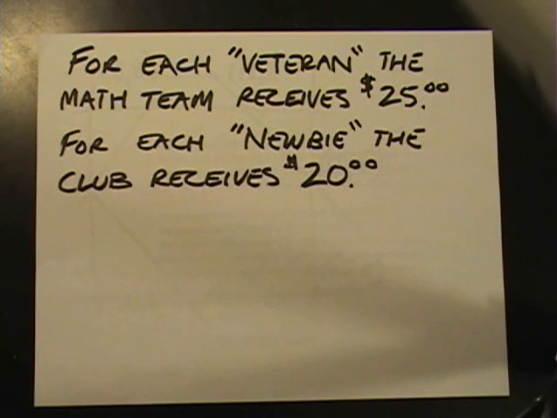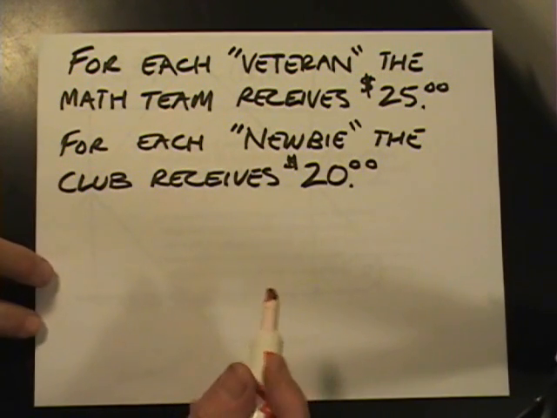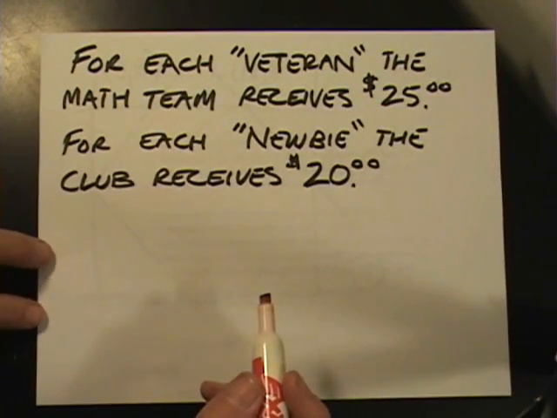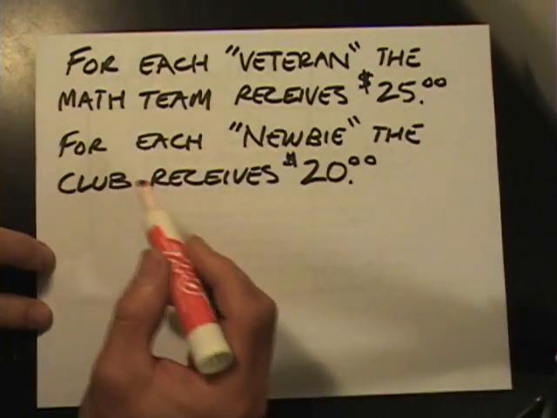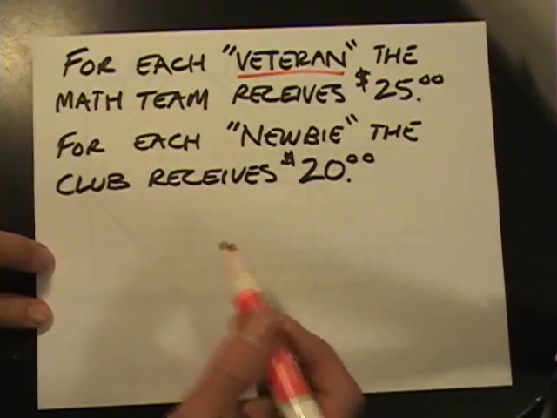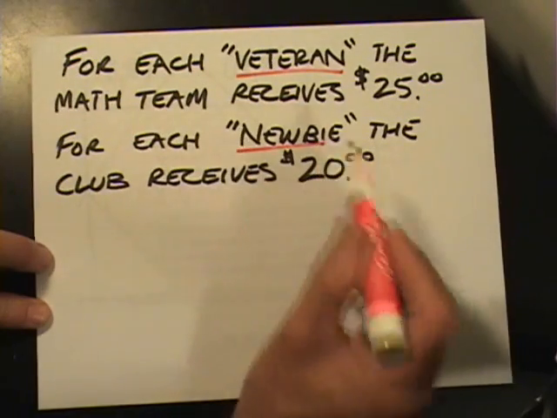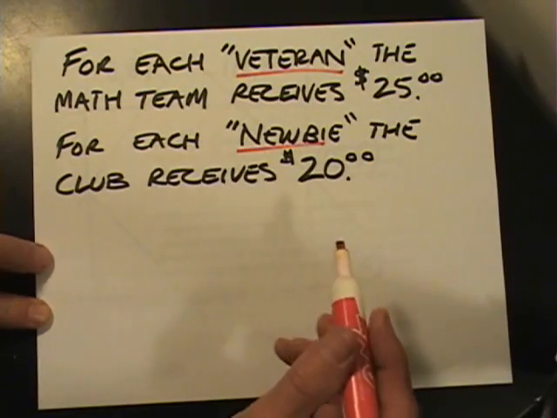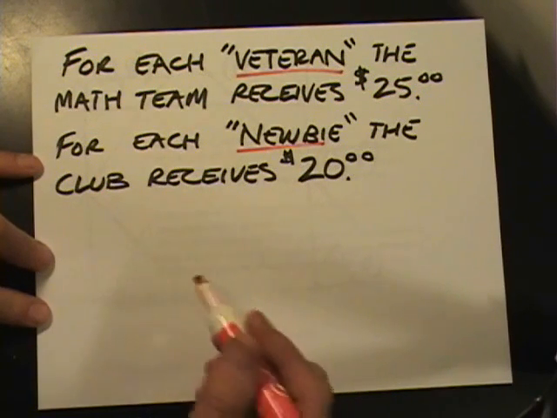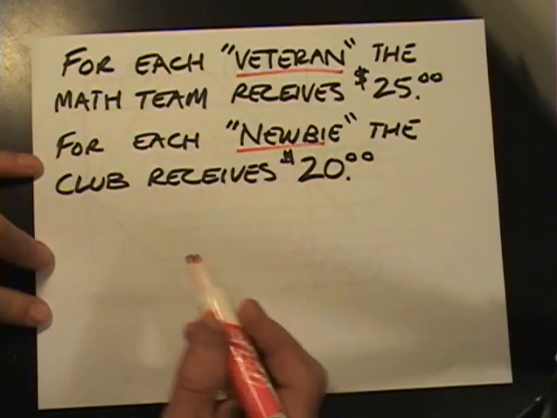Okay, the last part of the problem is the important part, and that is that the math team that's raising money for their good cause receives $25 for every veteran that works on their volunteer project, and every newbie, every new recruit gets 20 bucks. So we can write what is called the objective function, because our objective is that we want to raise as much money as possible.